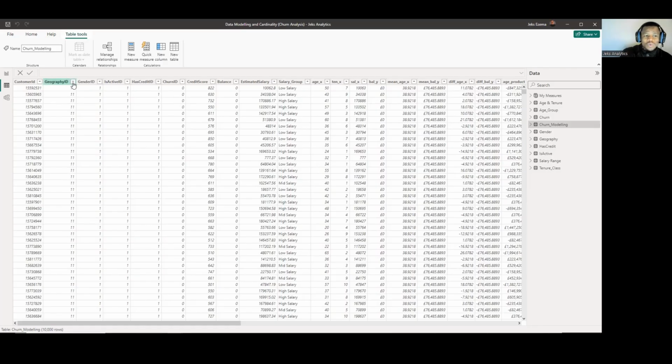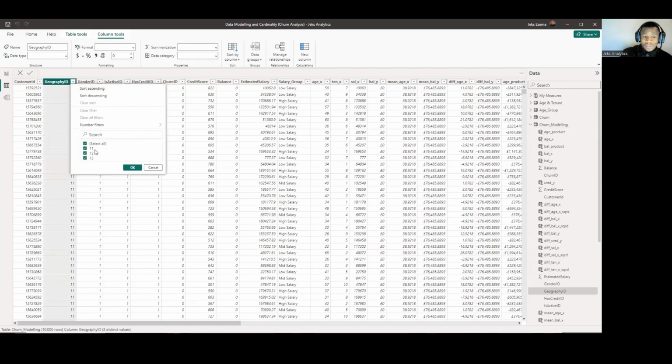Now, if you look at it, you can see that it's not only 11, there are about what? 3 geography IDs. 11, 12, 13 are the only unique IDs. But because they are secondary, they can repeat each other.